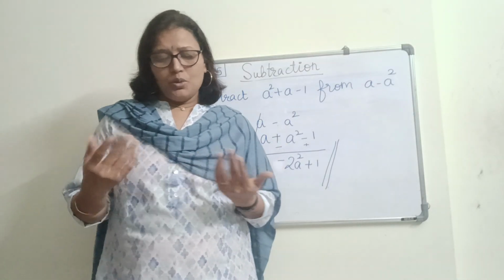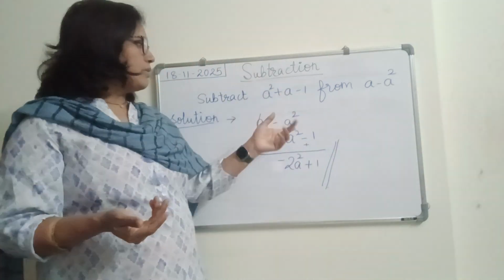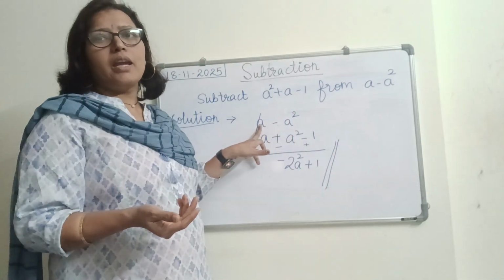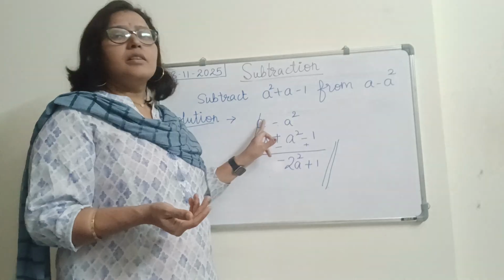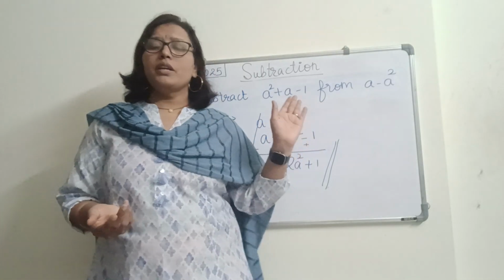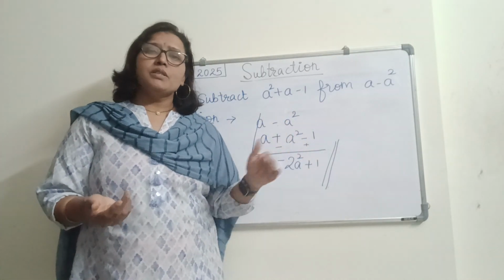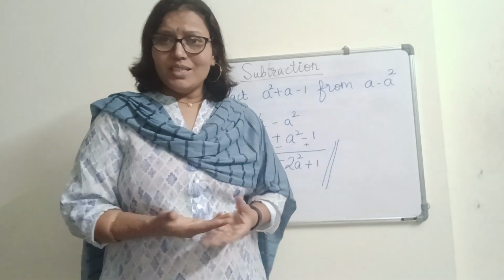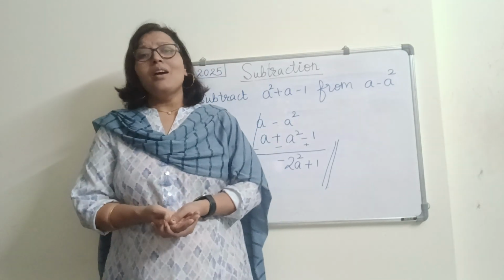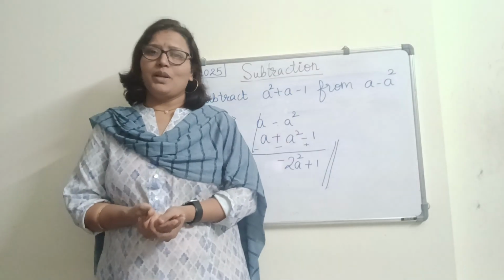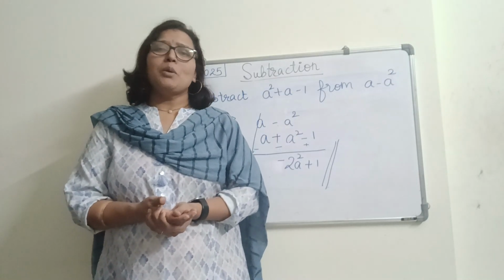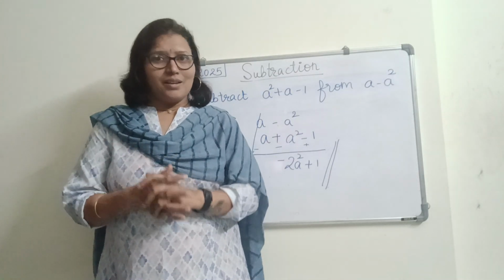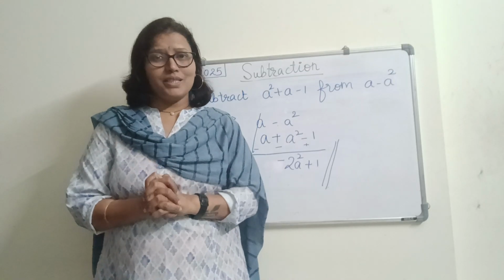See, a square and a, these terms are different, the degree of the terms is different, but still we can do the subtraction. So in today's class we learned about subtraction of polynomials, how to do the subtraction in polynomials.